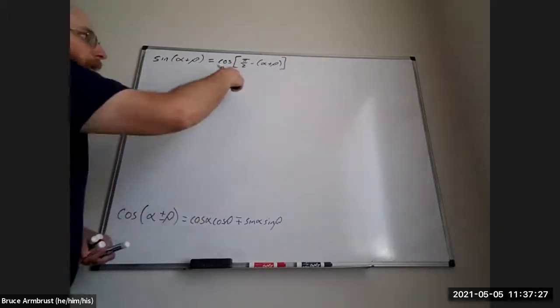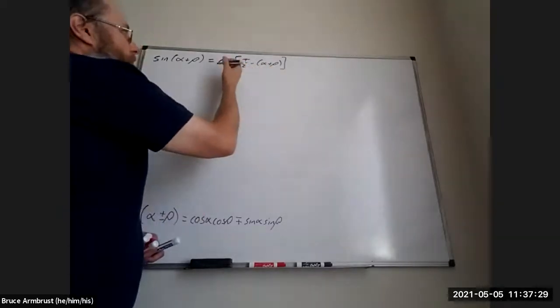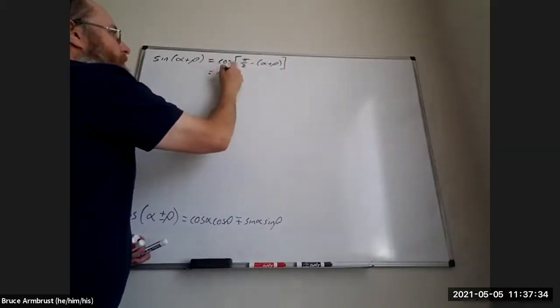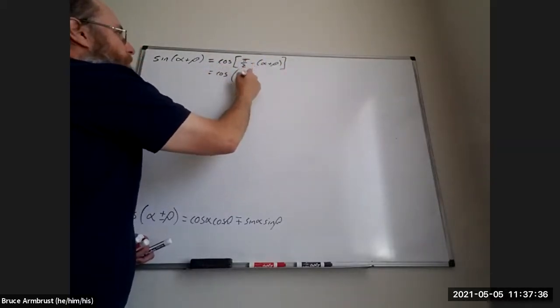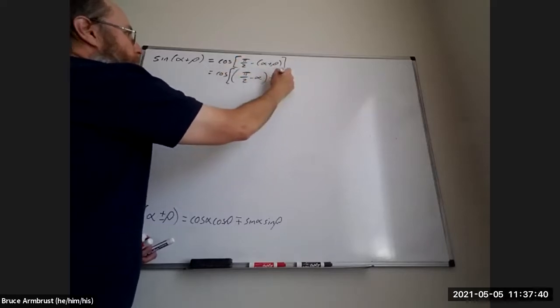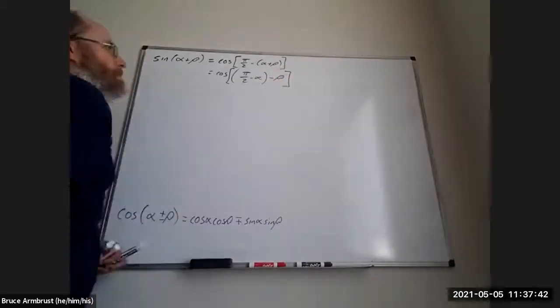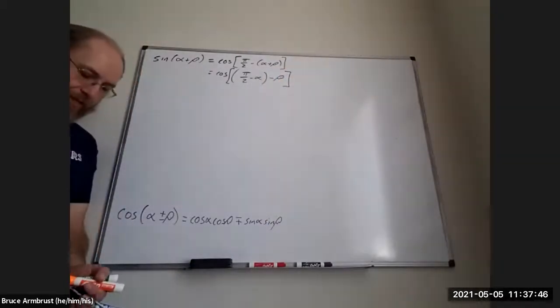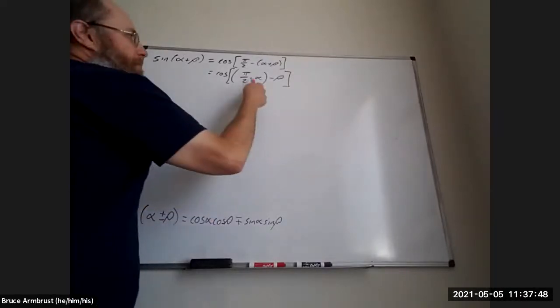Now I'm going to rewrite this using algebra as the cosine of pi over 2 minus alpha, minus beta. Let me just really quickly show you where that came from.